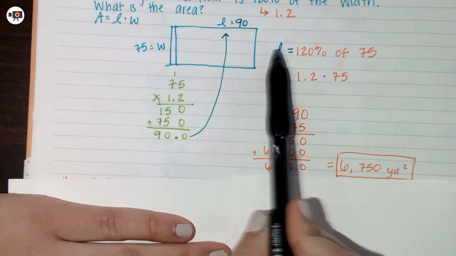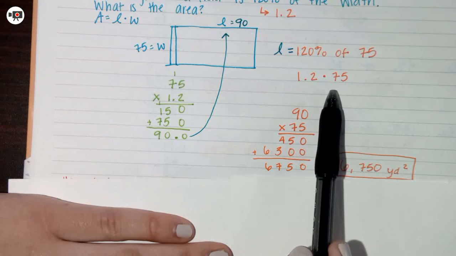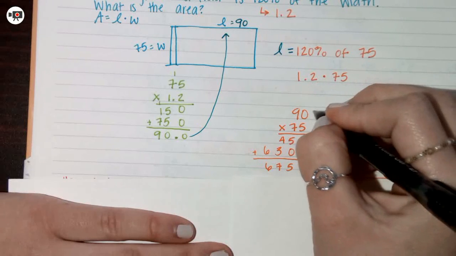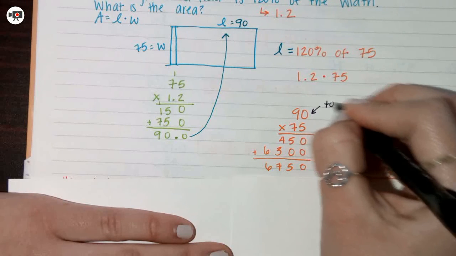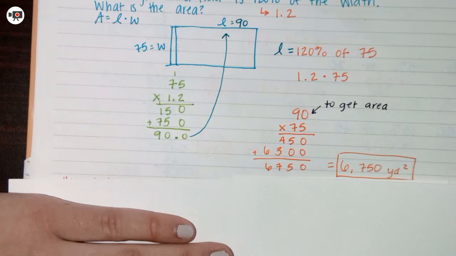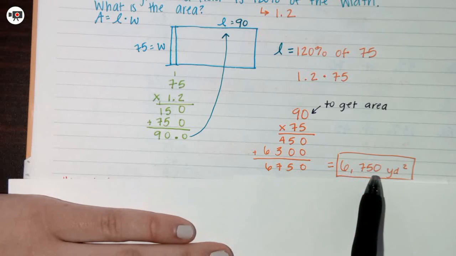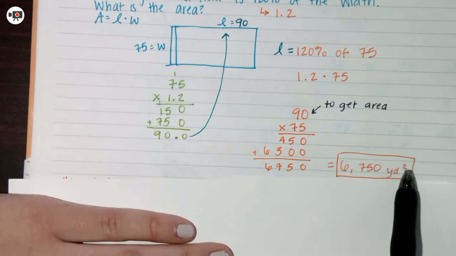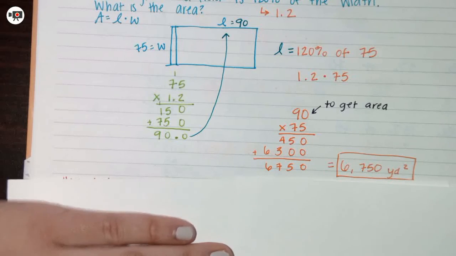My length is here. Now 90 times 75 to get the area. And my answer is 6,750. We'd put a unit on here. If the units were yards, we would say it's yards squared. Area has a squared unit on it, and that's all you need to know.